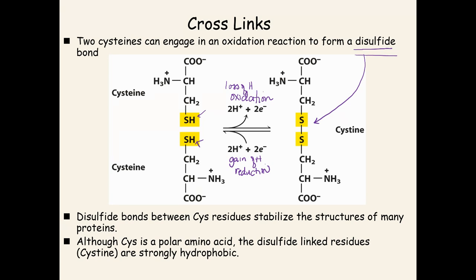So I was your age in the 80s, and in the 80s, perming was a big thing. So what a perm does is it takes your hair that has these disulfide linkages here, it adds a chemical to reduce them.